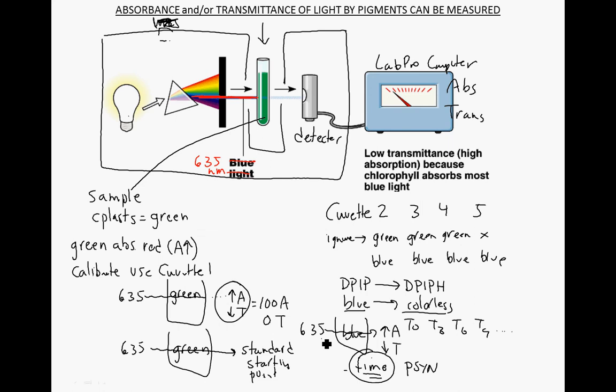What should the transmittance of 635 by DPIP be doing? I think I'd referred to this in class. You want to know the absorbance of that 635 by the pigment, DPIP. In this way, we're going to be able to determine the rate of photosynthesis by how fast that DPIP is being reduced.